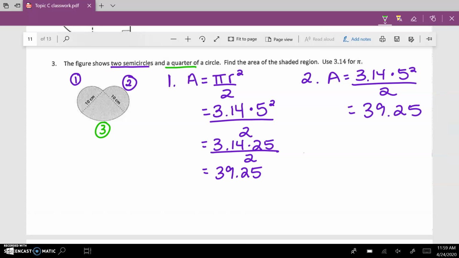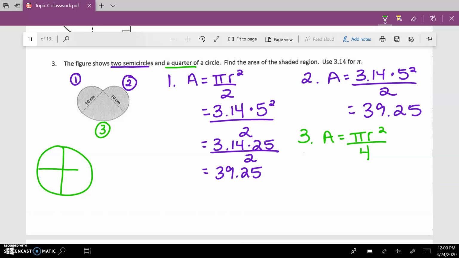And then the last one, we have this quarter circle. So it'd be A equals pi r squared divided by 4. The hardest part is figuring out what the radius is. So imagine if we drew a circle out to the side and we split this into quarters and say we're looking down here at this part of the quarter circle.